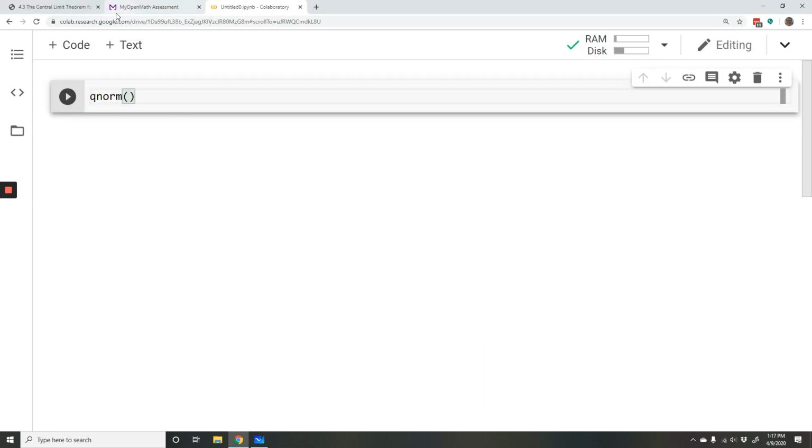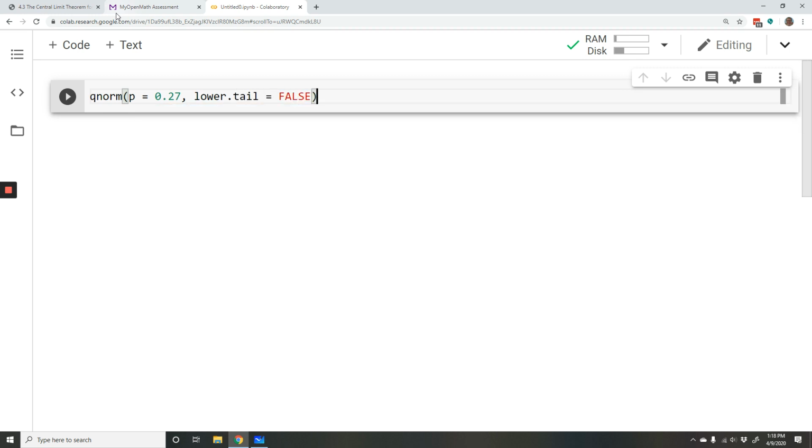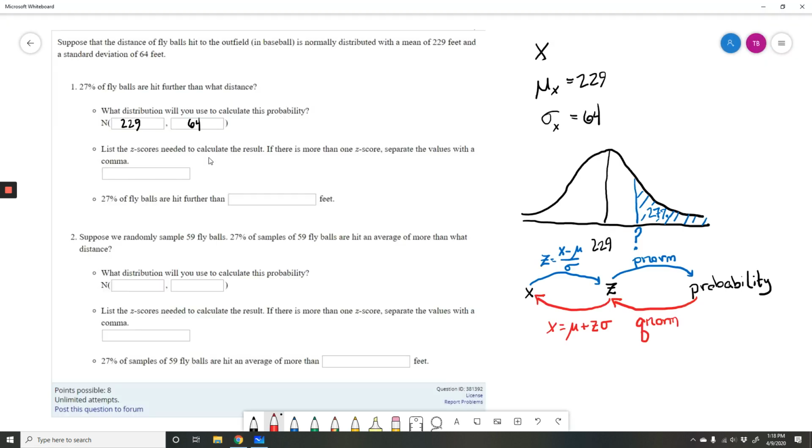And we'll have qnorm, p equals our probability, 0.27, because we wanted that 27%. And when we shaded it in, we wanted the upper tail, not the lower tail, right? So we're going to set lower.tail equal to false, because we are shading in the upper tail over here, not the lower tail.